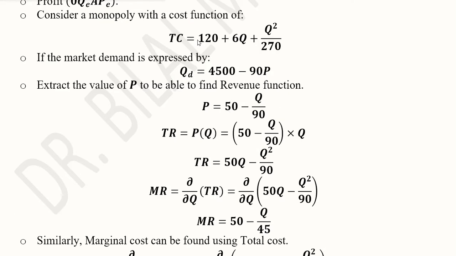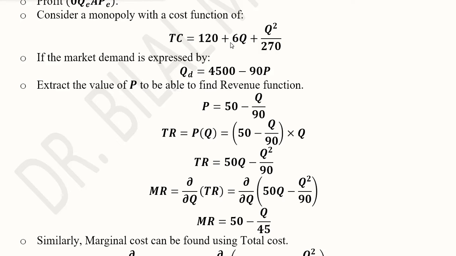The reason is that the profit is a function of output, that is Q. So the cost function and revenue function, both of them should be in terms of Q, so that we could take the difference, that is revenue minus cost. Or in the marginalistic approach, we can equate marginal revenue and marginal cost. So again, we need the cost and the revenue versions of the monopolist in terms of Q.